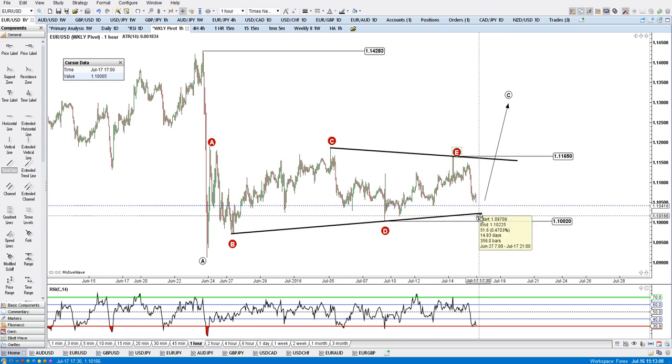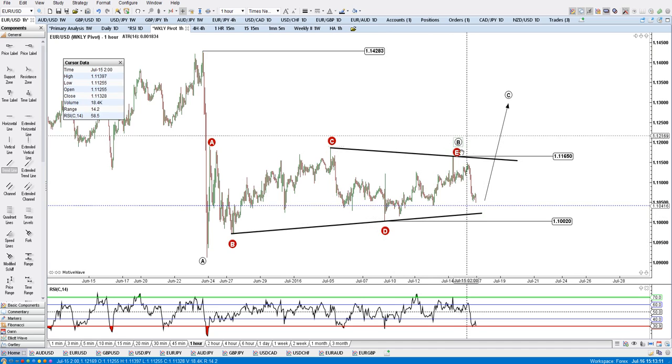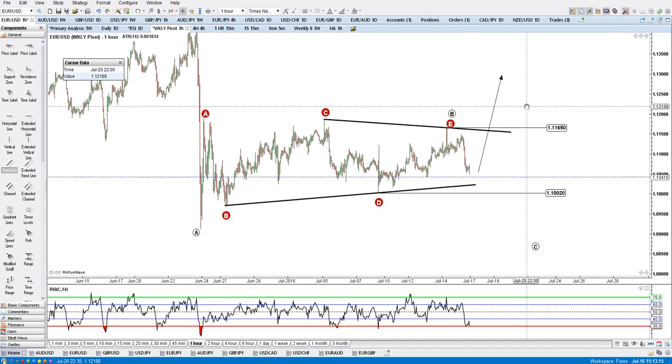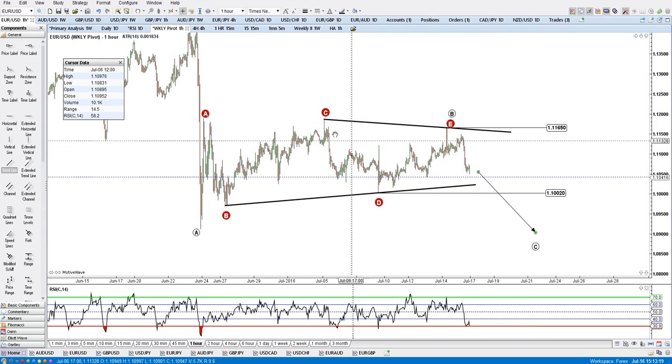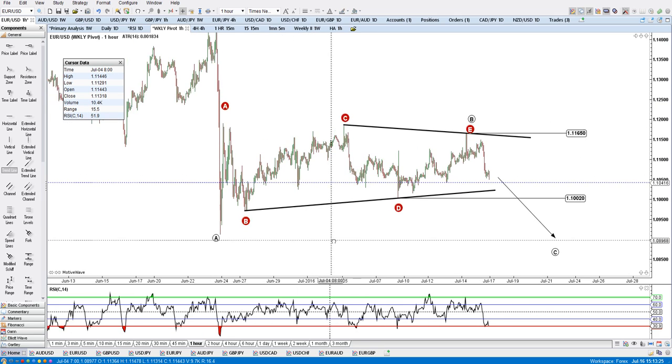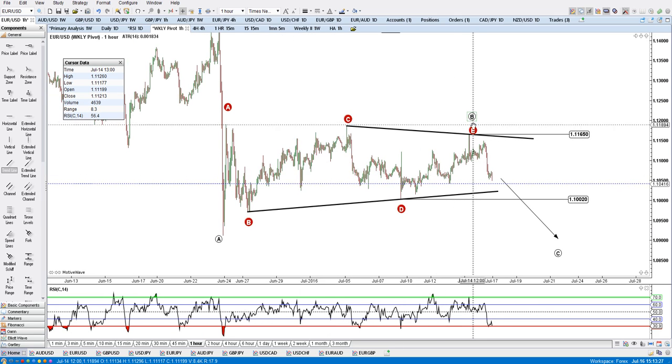Now we got B wave complete and working on C wave down. And the C wave did not go above the A wave there, so then you can look at this as 1, 2, 3.